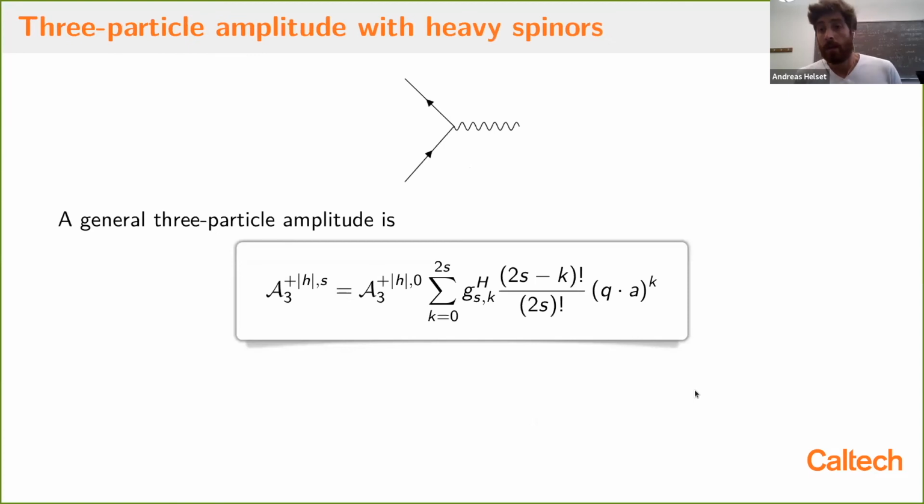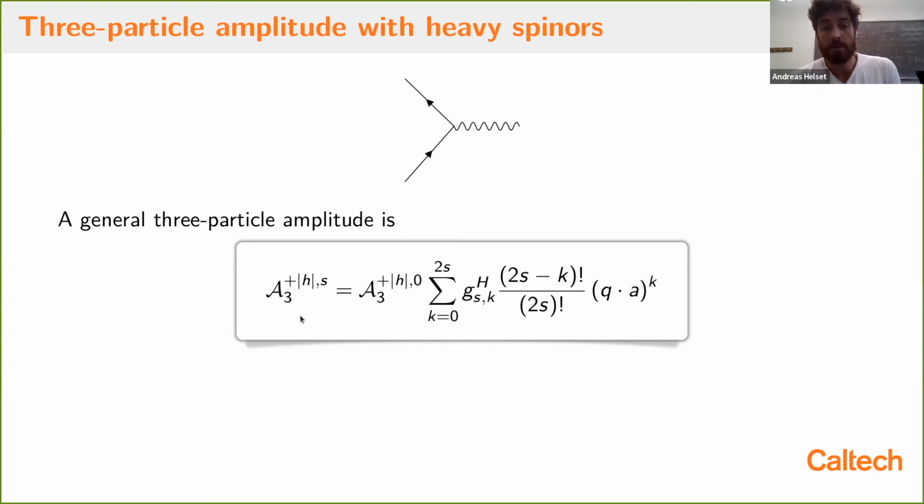Good. Now I can go back with these spinors as variables for the kinematics. We can then start to write down amplitudes, starting at the lowest order, this three-point amplitude. So we have spin s interacting with the graviton. And the general amplitude takes this form.